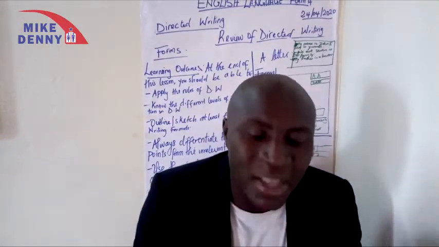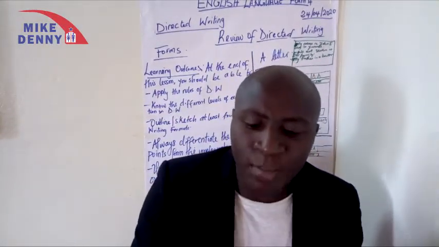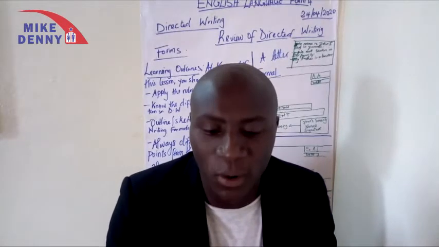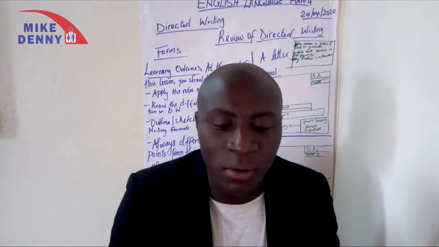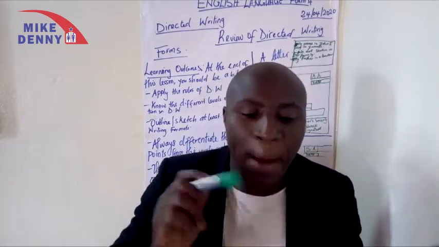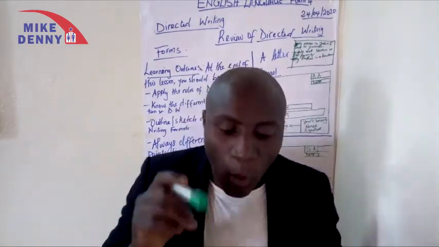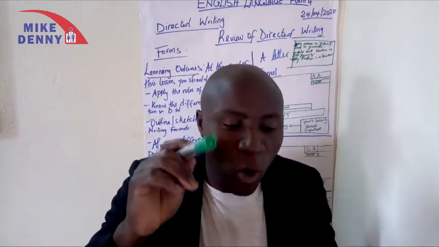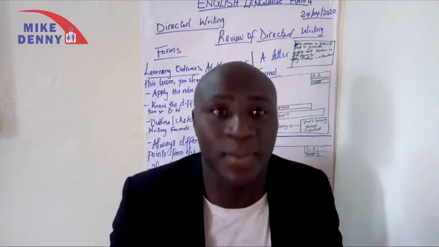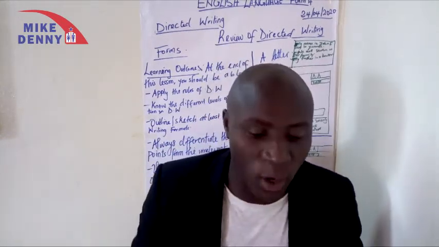You are Mr. Hesco, Inspector of Labor and Social Insurance, and your ministry is carrying out a campaign against labor malpractices. One of them is work victimization and harassment. People who are victimized at work.